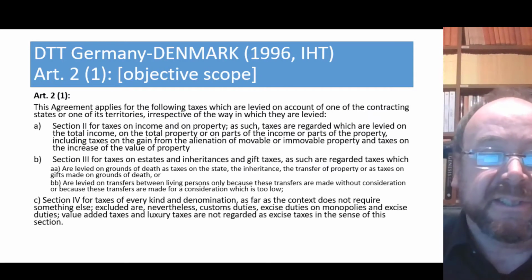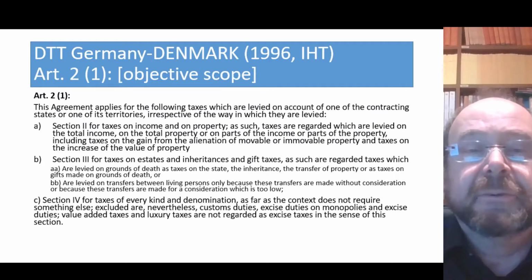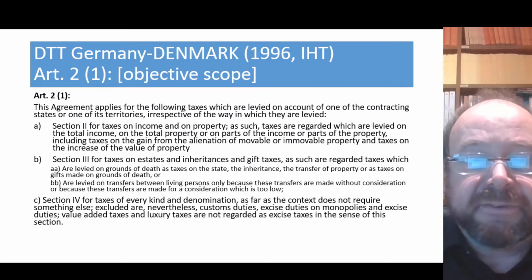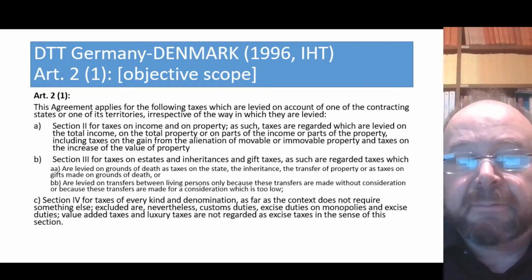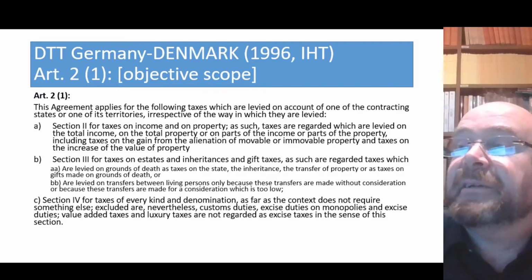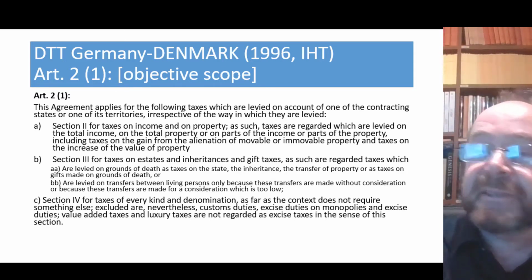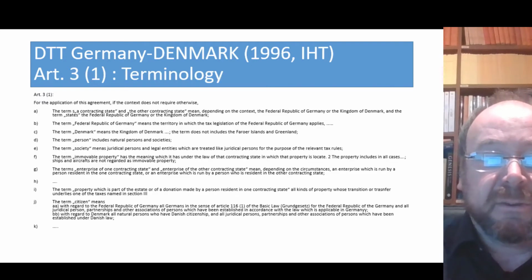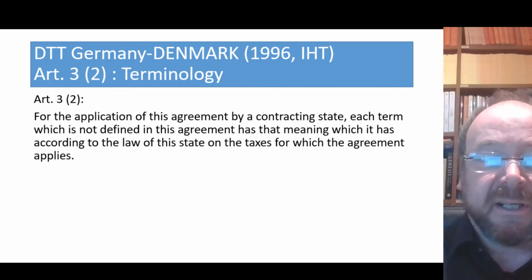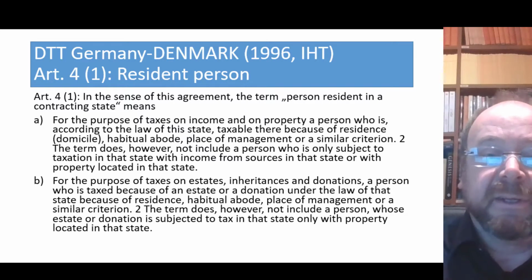That is what you can see here, Article 2, the objective scope of the treaty. This agreement applies for the following taxes. Section 3 applies for taxes on estates and inheritances and gift taxes. And then we end up with the Article 4.